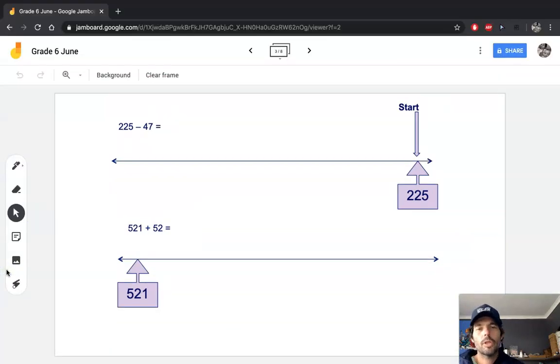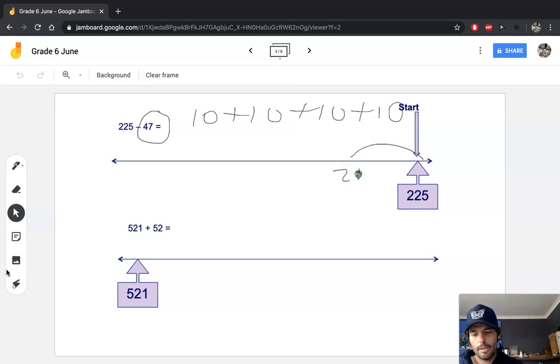We're back on the Google Jamboard. So we can see we're going to start at 225 and we need to break up 47. And we can break up 47 into 10 plus 10 plus 10 plus 10 first. Okay, so if we go 10 back from 225, we know we get 215. 10 back again, 205.